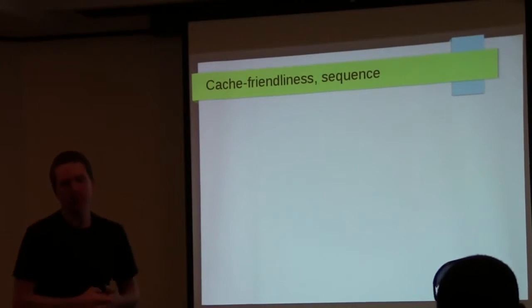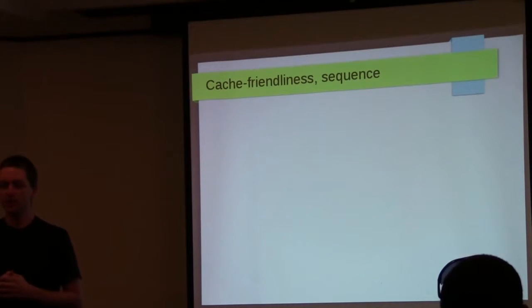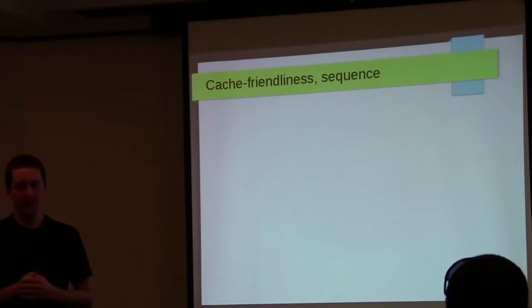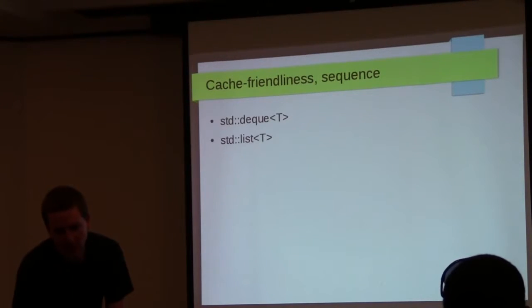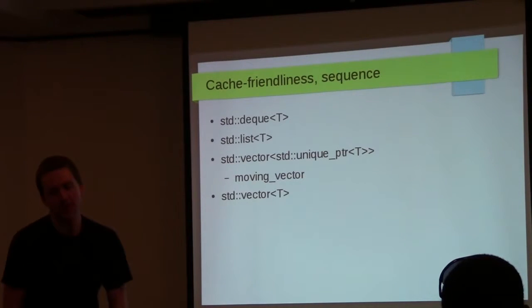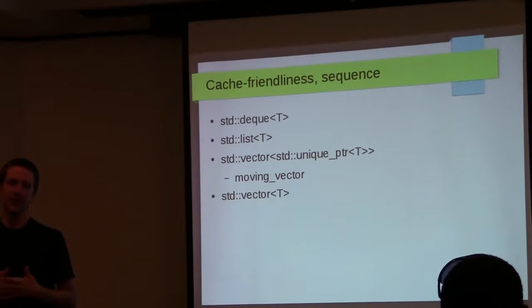So I want to get into a little bit of the performance of containers with regards to how they allocate memory. So first I'm going to look at the sequence containers, deque, list, vector, and also a vector of unique pointers. Sometimes it could be called like a moving vector because it moves the elements in there.